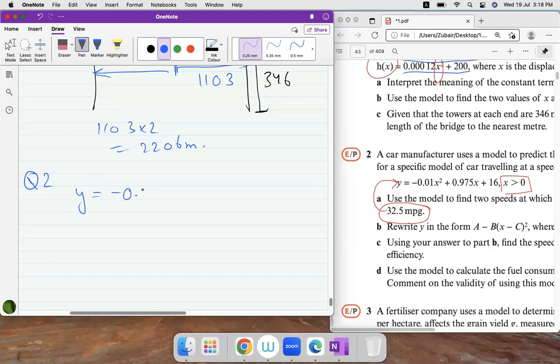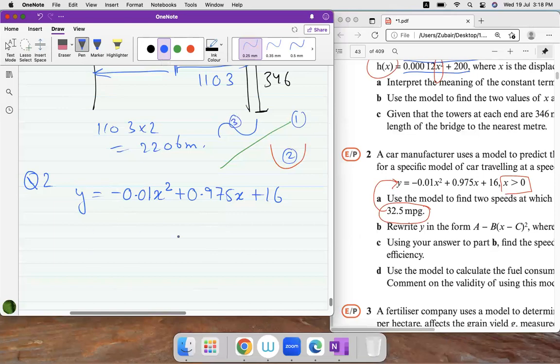Y is equal to negative 0.01 x square... This square explains that we will be getting two values because it is a quadratic equation. A linear equation is a straight line and a quadratic equation is a curve. That is why we get two values. If we have a cubic equation, we will have two curves and hence three values. Linear 1, quadratic 2, cubic 3 values.